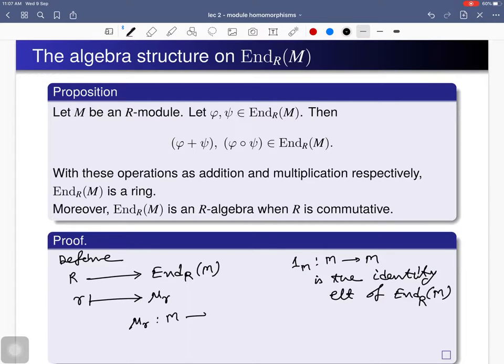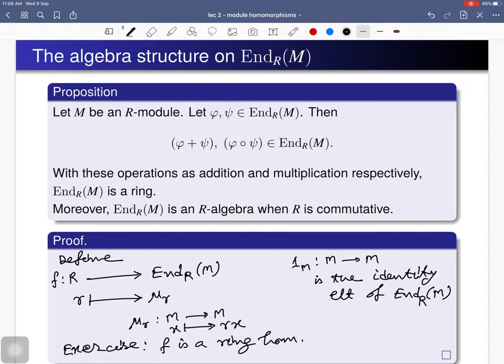This is a map from M to itself defined by multiplication by r. So you can verify that this mu r is actually an R module homomorphism from M to itself. So this is an endomorphism. And then if you map r to mu r, then this map is actually a ring homomorphism. So this is an exercise that f is a ring homomorphism.